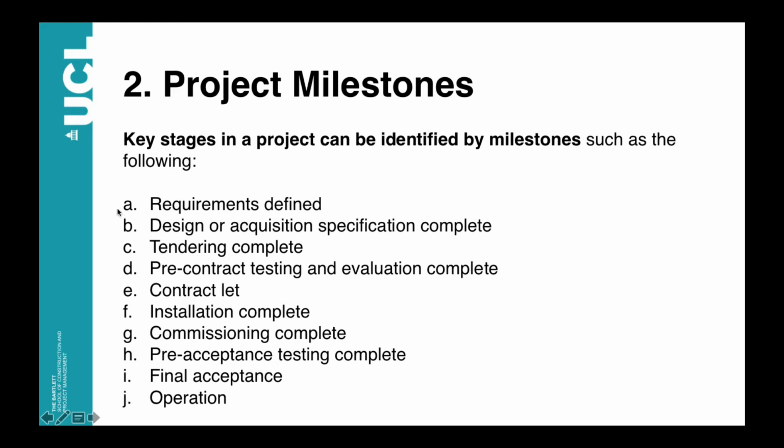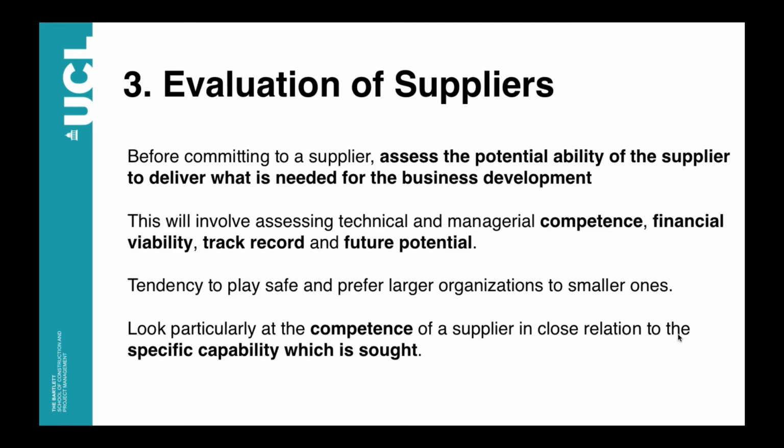Some typical milestones that we can introduce in the project are represented in the following list: the definition of requirements, the design or acquisition specification, the tendering, the pre-contract testing and evaluation, the contract let, the completion of the installation, the completion of the commissioning, the completion of the pre-acceptance testing, the final acceptance, and obviously the start of the operation.